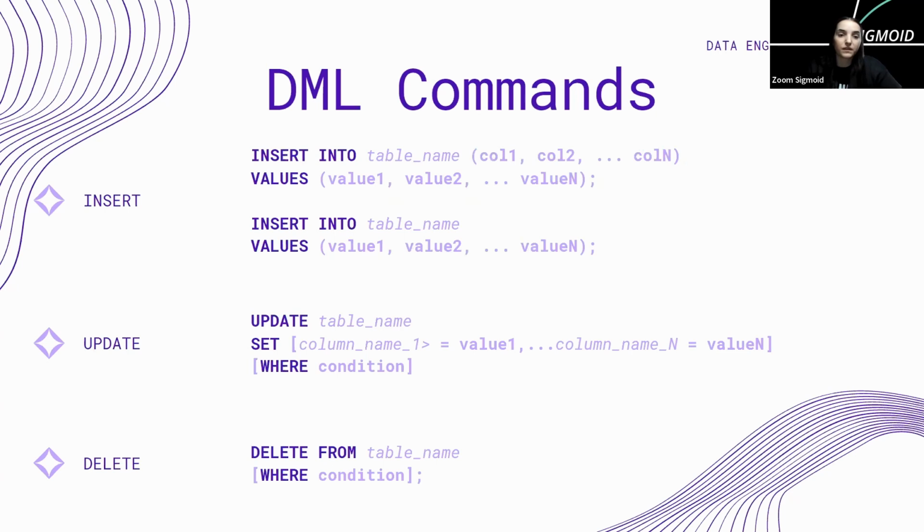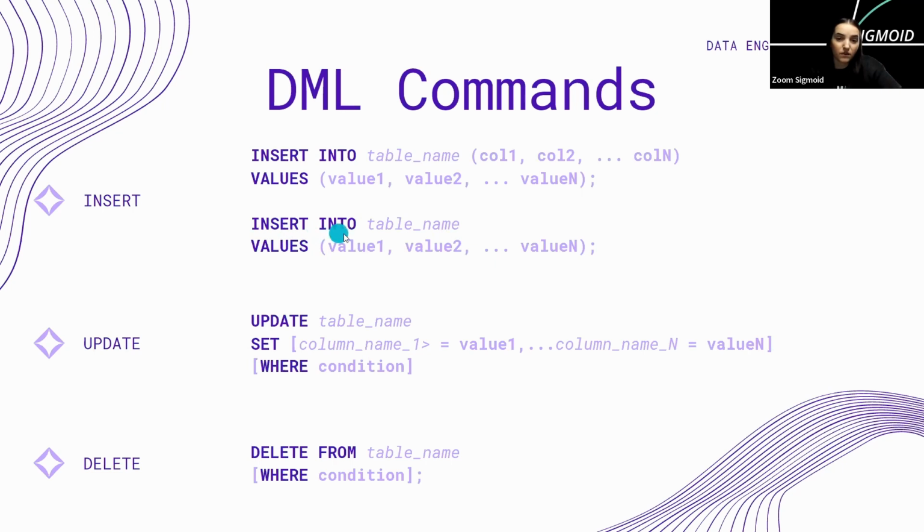I said that you can copy some data from a table into another. For example, you have a table with 10 columns and you want to copy only 5 into another table. This is very simple. You write insert into, you write the first table, and after it you perform a data query language command called select.